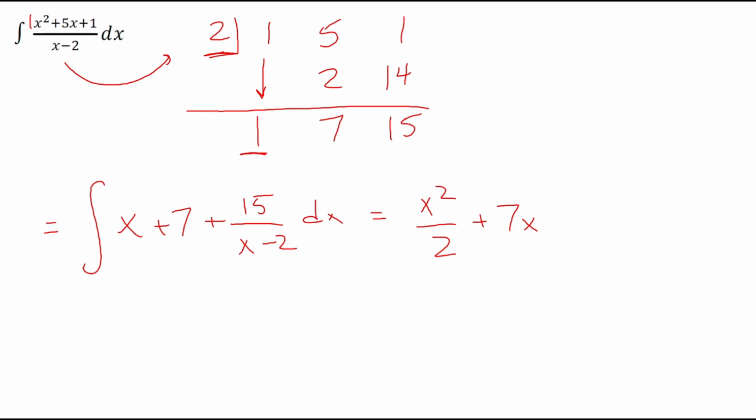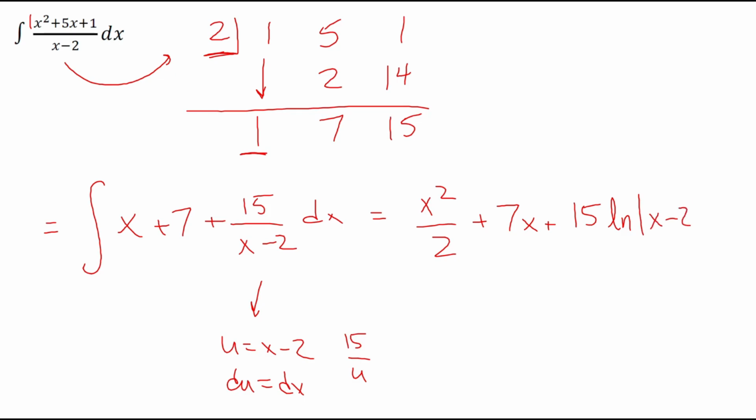It's a u substitution just for that singular piece of it, right? And if u is x minus 2, like if we just think about just this piece of it as its own separate integral, if u is x minus 2, then du is just dx. So really we just have 15 over u that we're integrating. Well, 15 over u is 15 natural log absolute value u, or in this case, 15 natural log absolute value of x minus 2.